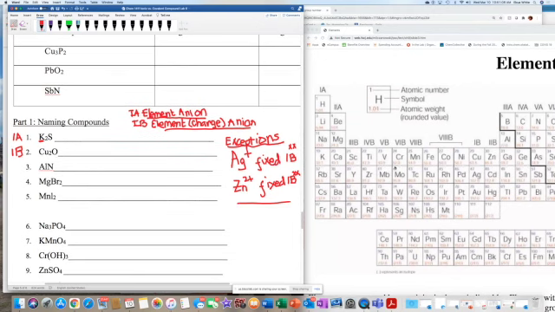Okay, not done. This is the B group. Other exceptions, when you get to the A group, there are some A group elements that behave like they're B. The most common ones are these elements right here. You've got indium, tin, tellurium, and lead. These four are the most common ones.